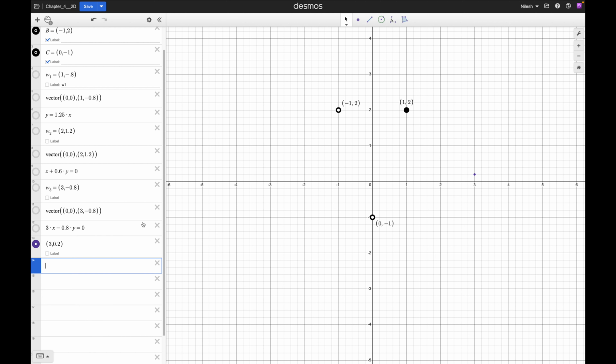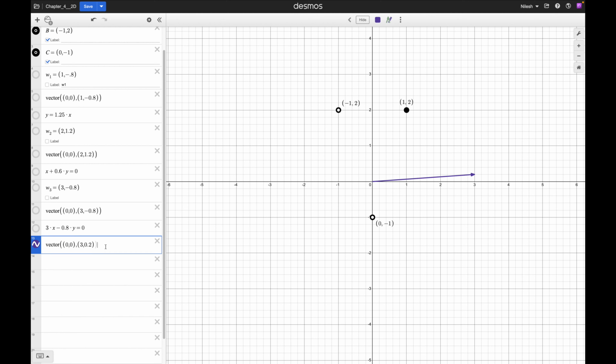So that's the data point we have, and if we were to convert that to a vector, we say the vector starts at the origin 0, 0 and goes up to that data point. So that is the weight vector we have. And if we try to create the equation for that, we say 3 times x plus 0.2 times y is equal to 0, and there you go.